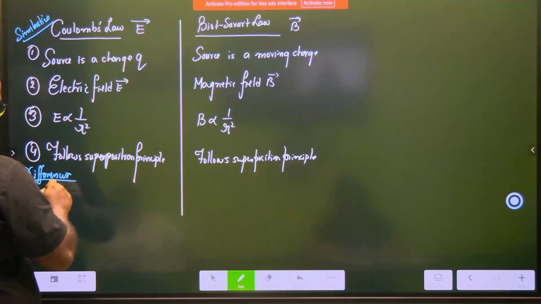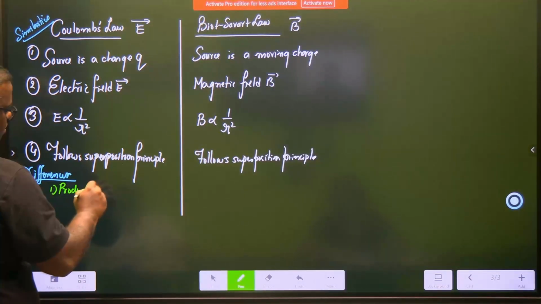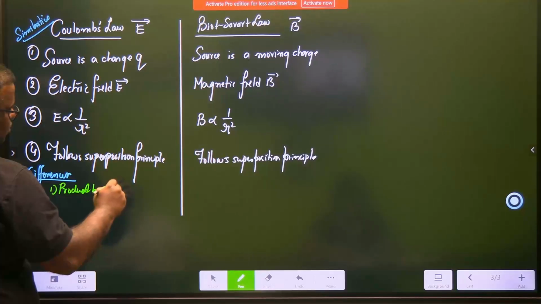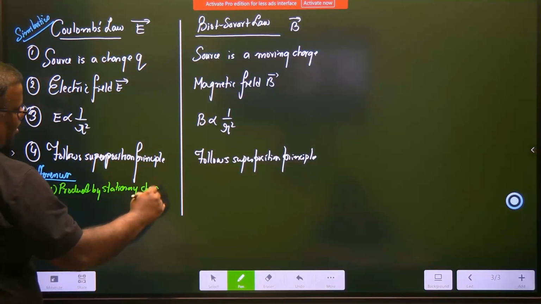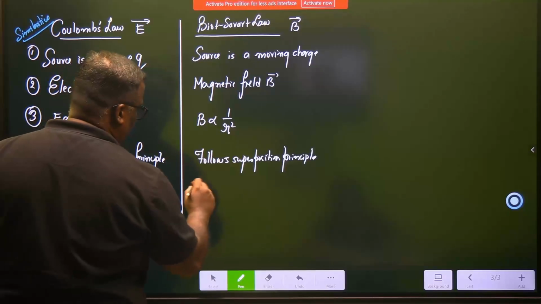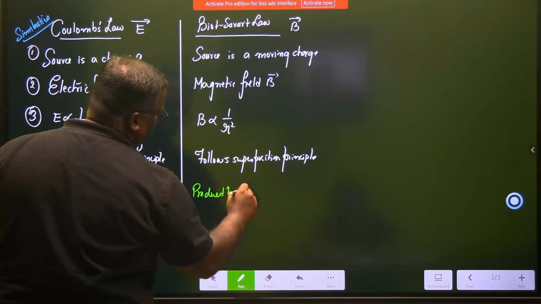Number one, this is produced by stationary charge. This is produced by moving charges.